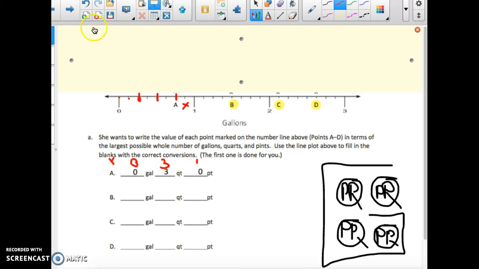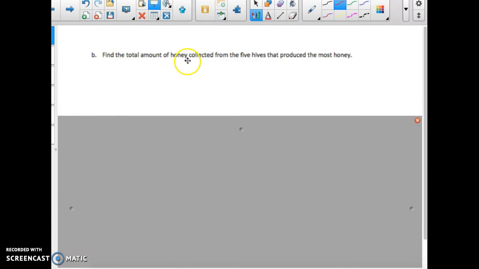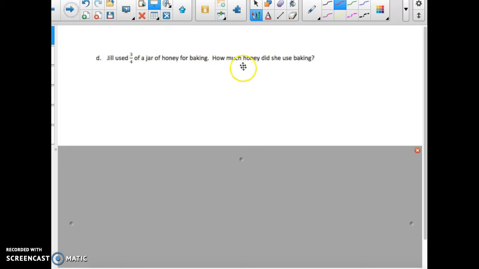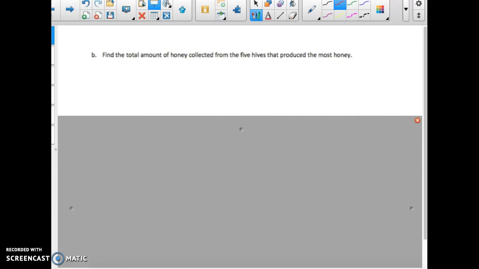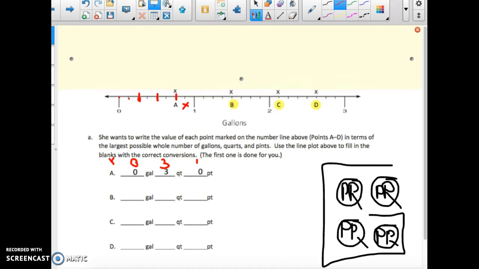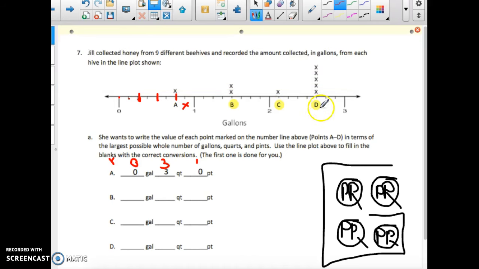Okay, now this next question says find the total amount of honey collected from the 5 hives that produce the most honey. So if I go back to my number line, get rid of this, I can see over here, this point on my number line is closest to 3. Even without knowing what D's worth, I know that these are the hives with the most honey, and I see there's 1, 2, 3, 4, 5 of them.